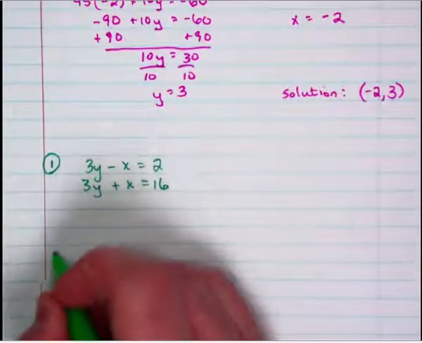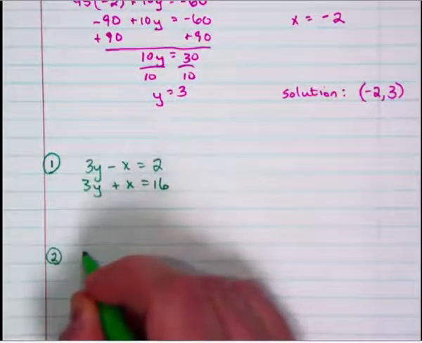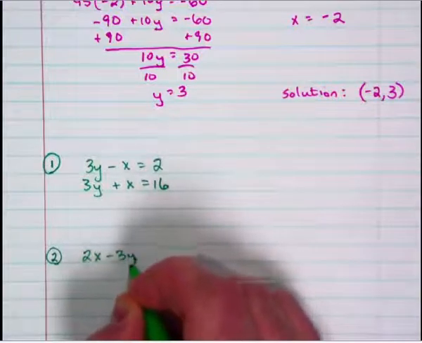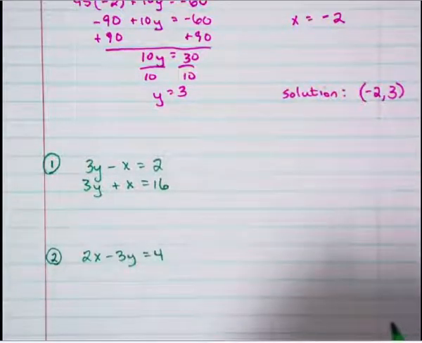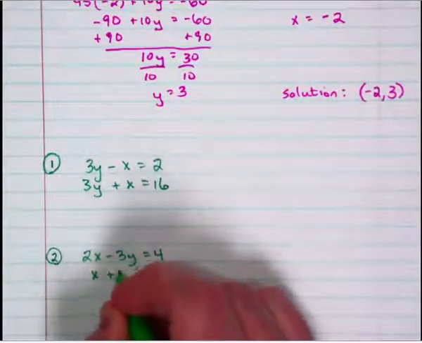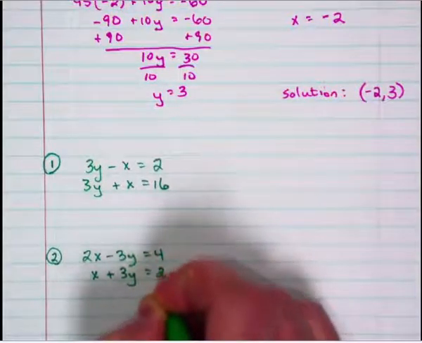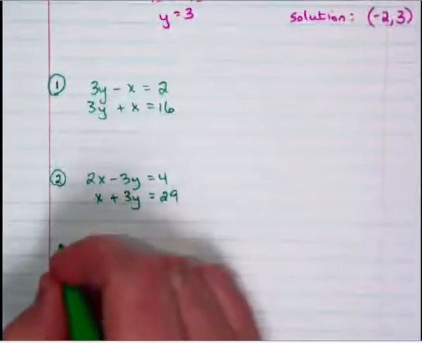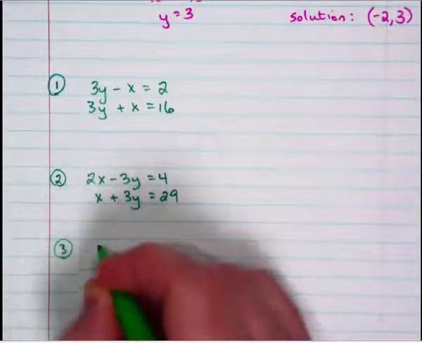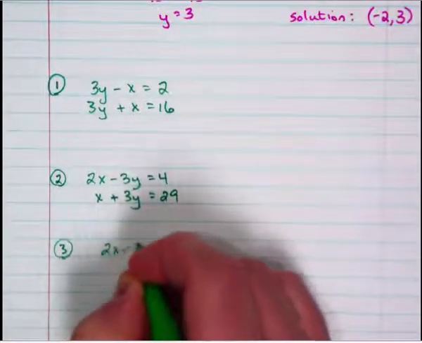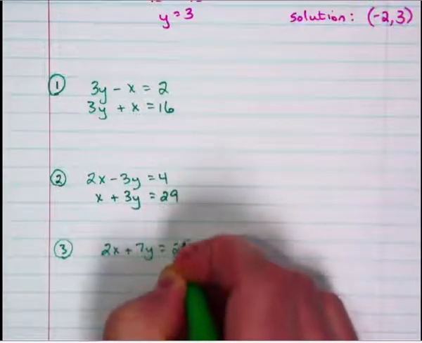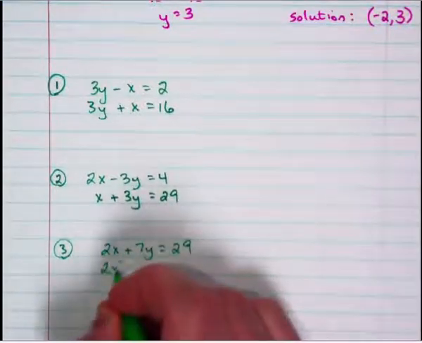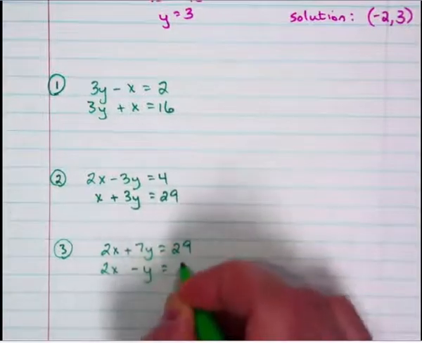Number 2 will be 2x minus 3y equals 4, and x plus 3y equals 29. And then the third one is 2x plus 7y equals 29, and 2x minus y equals 5.